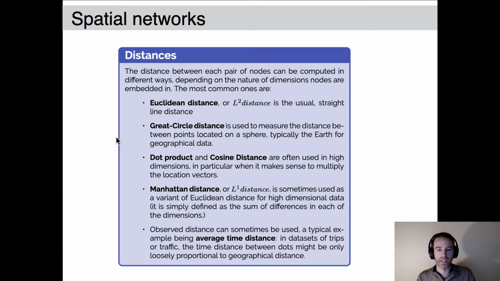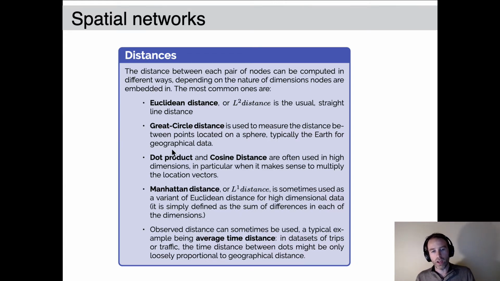So if you take a simple city, then you can just compute the Euclidean distance between points in this city, and this will work pretty well. Or if you have some abstract space, you can use Euclidean distance.